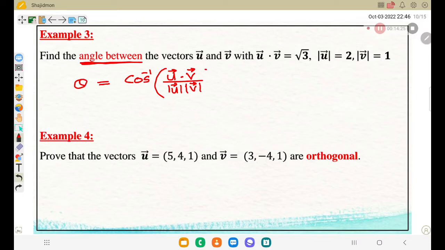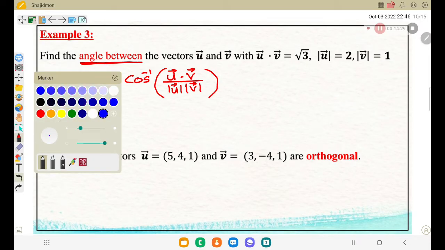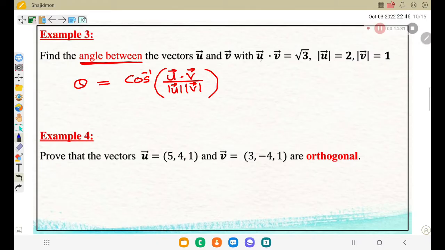Correct? This is the angle between two vectors. Now out of this, the value u dot v is given in the question, root 3, absolute u is 2, absolute v is 1. Correct? So just apply these values here. Cosine inverse of u dot v, root 3, divided by absolute u 2 multiply absolute v 1, correct?